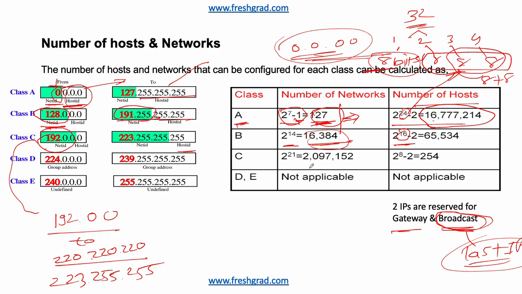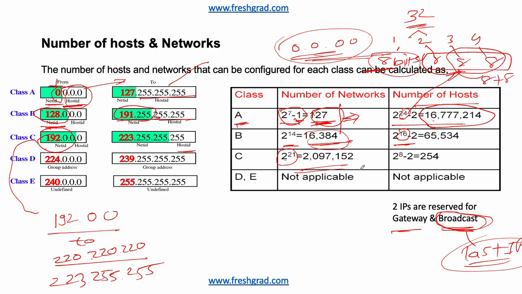Now class C. Class C has the first three octets, right? So 8 plus 8 plus 8. But when we look at the network ID, we only consider 21 bits here. So 2 raised to power 21 is equal to 2097152.